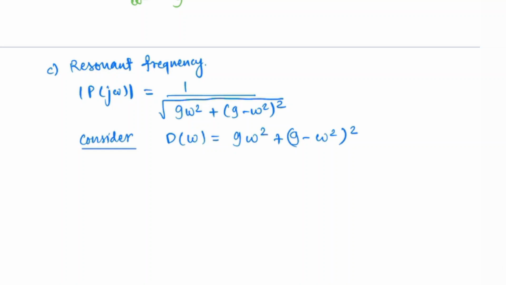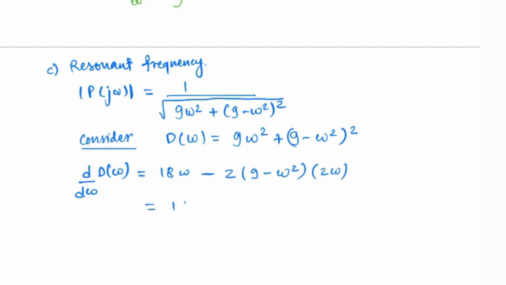So if we differentiate this, d by d omega of d omega, we have 18 omega as the derivative of the first term, and for the second term, 2 will come out, 9 minus omega square, and then we differentiate the omega square term, which carries a minus sign with it, and it will be 2 omega. So this is 18 omega minus 2 into 2, 4 omega in bracket 9 minus omega square.